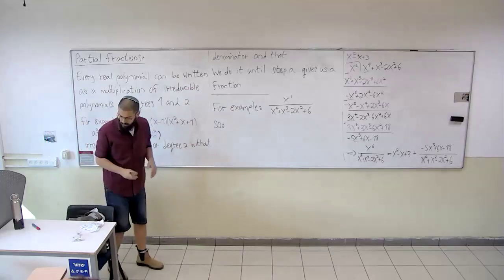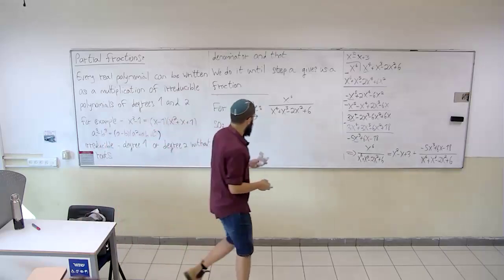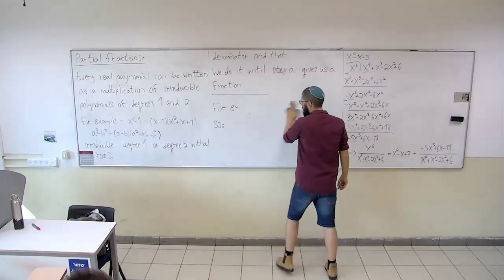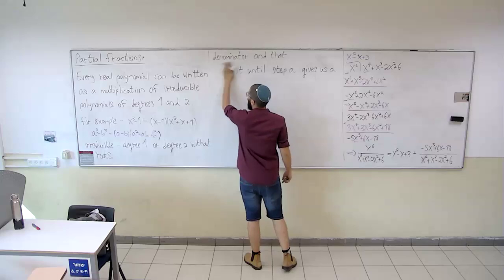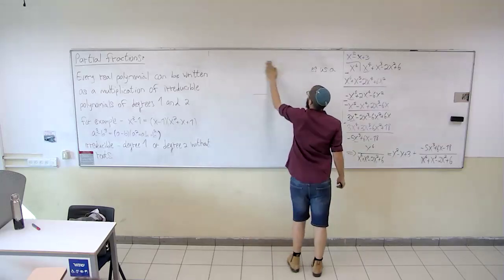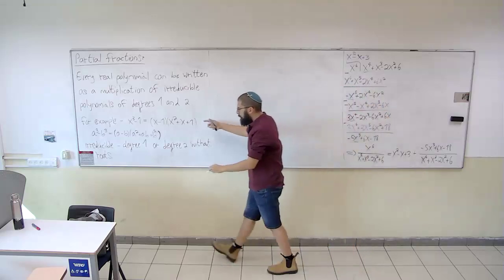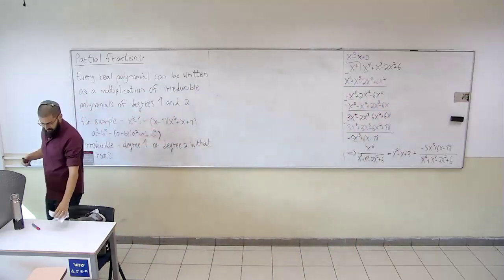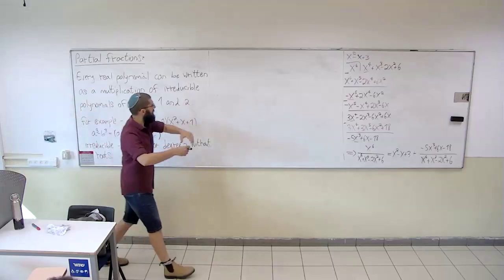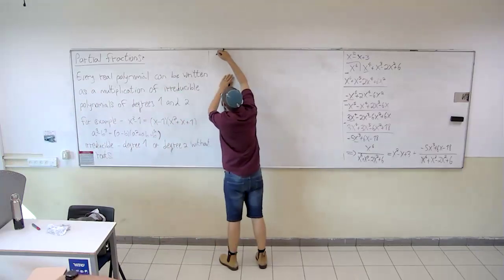Very nice. What are partial fractions? Partial fractions are fractions, each of which has only one irreducible component of the denominator in its denominator itself.